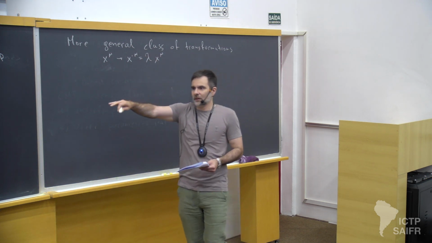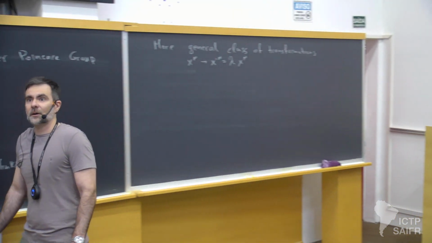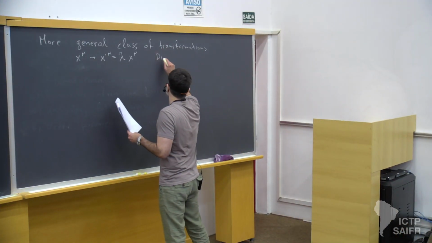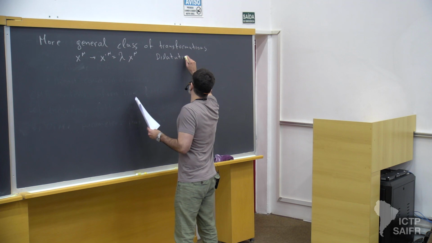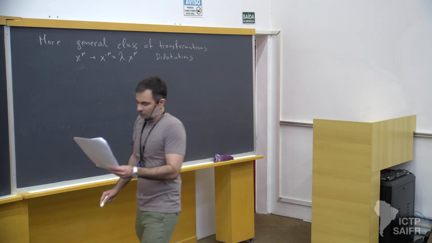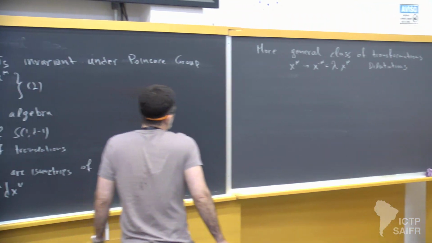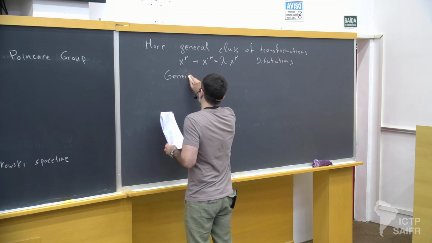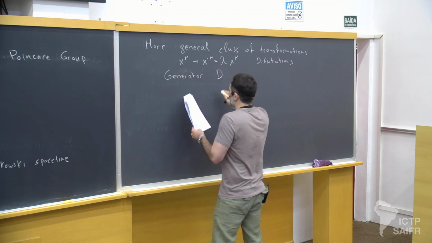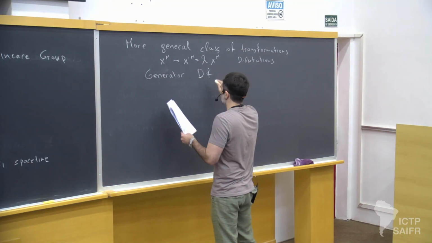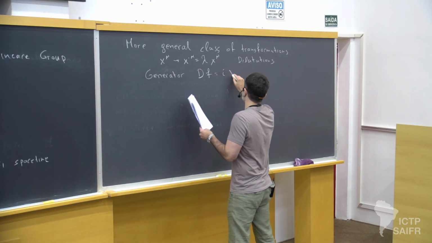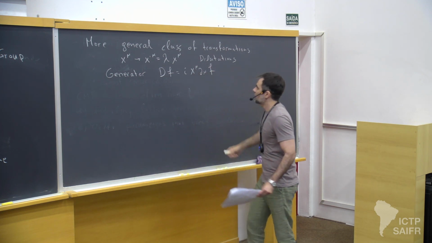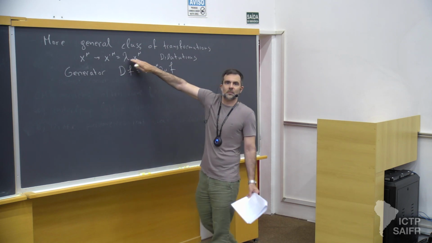This is basically the scaling that I was discussing earlier, but with z equals 1. The generator of dilatations D acts on a function f as i x^μ ∂_μ f. You can derive this just by doing that.